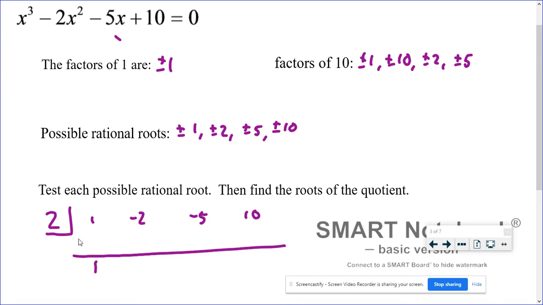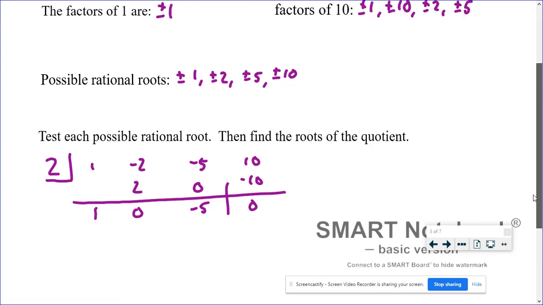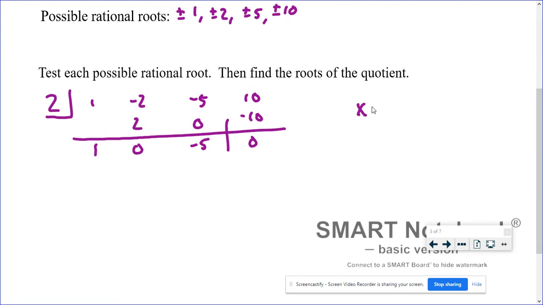So we drop the 1. 2 times 1 is 2. We add down, we get 0. 2 times 0 is 0. We add down, we get -5. 2 times -5 is -10. We add down, we get 0. So that confirms what we thought by looking at the graph, which is that x equals 2 is one of the roots.